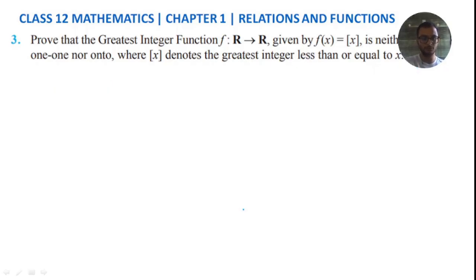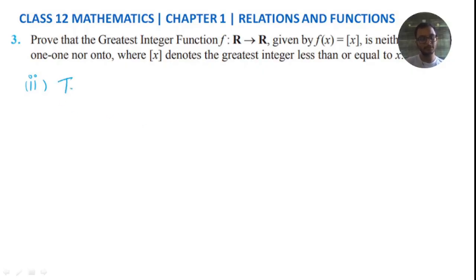Let's move to onto. Why is it not onto? For not onto, we should find one point in the codomain for which there does not exist any x whose image is that point. So first of all, what is the range of this function? This function always takes integer values, only integers. So if I take a point other than an integer, of course it will not have any pre-image, right?